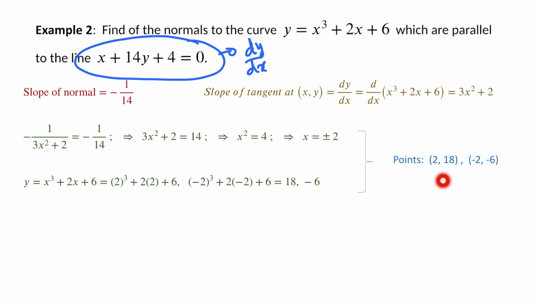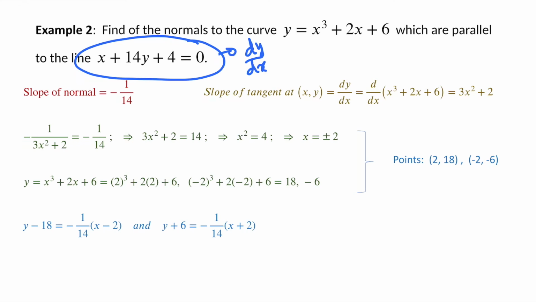Okay, and now the remaining task is pretty straightforward: at each of these points whose coordinates we know, and the slope of the normal we know, we need to find the equation of the normal, and for each of those points we plug those pieces of information into the straight line equation to get two equations for the normal, right?